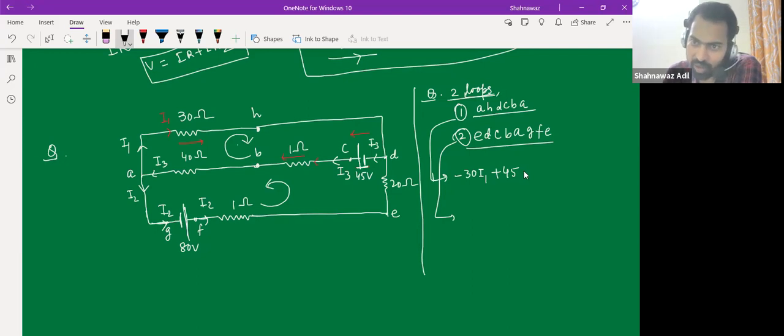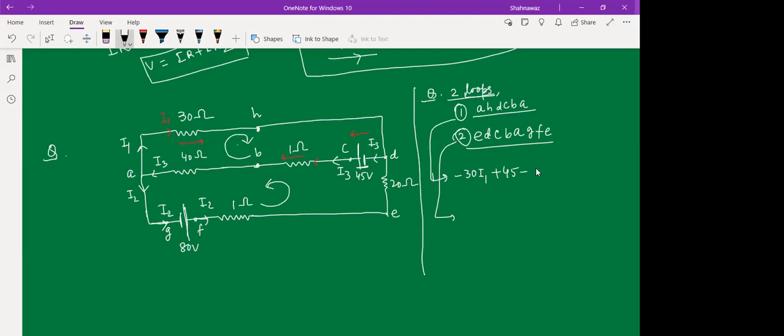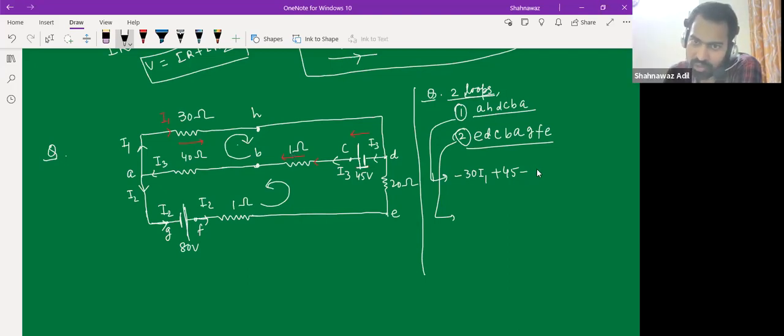Minus IR. So how much is the current? I3, and resistance is 1. So 1 into I3, minus 1 I3.